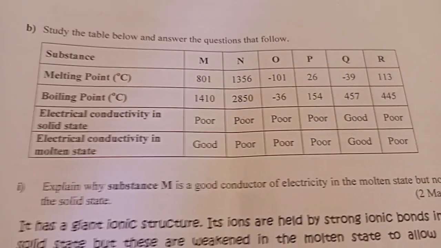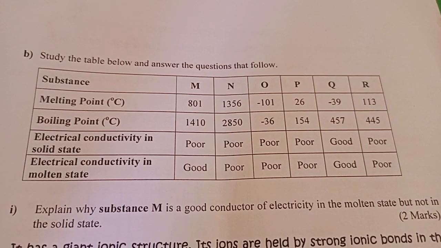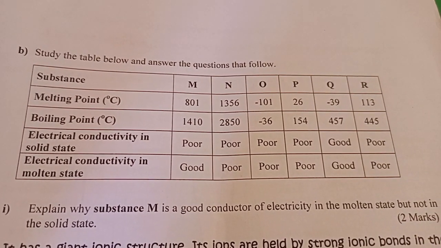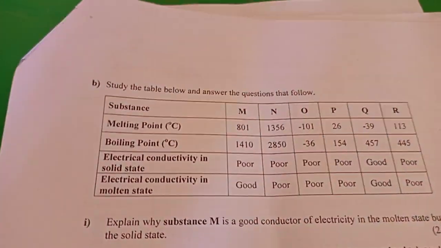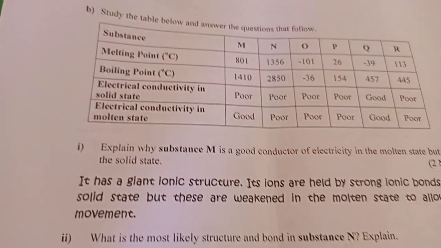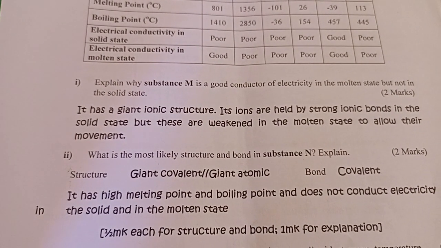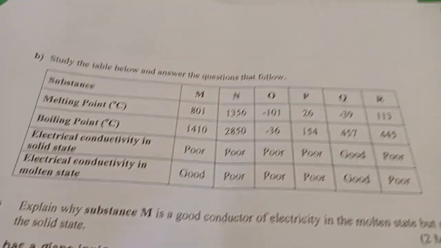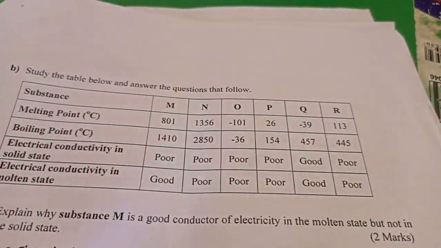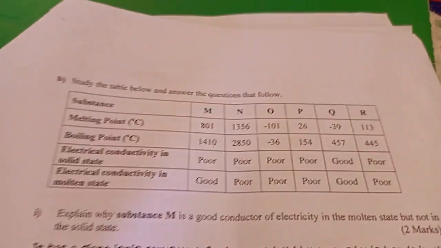We have substance M, substance N, substance O, P, Q, and R. Explain why substance M is a good conductor of electricity in molten state, but not in solid state.